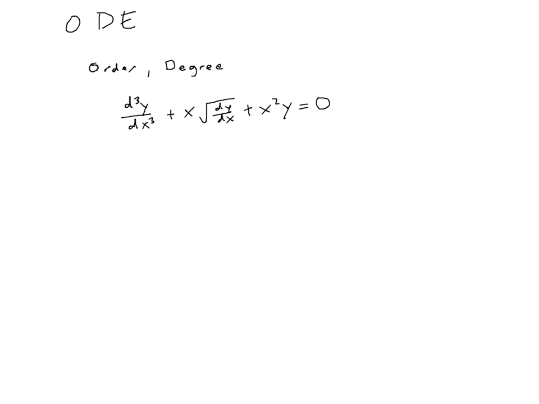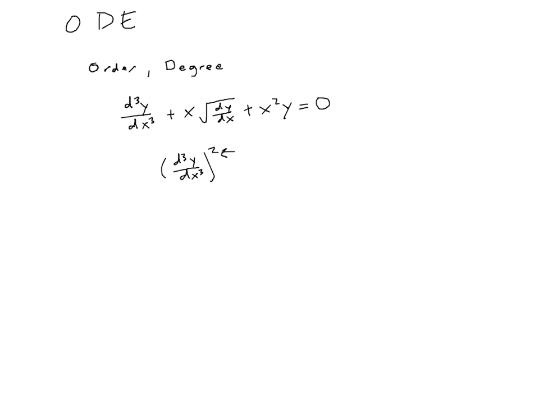Okay? What happens with this equation is, in order to get the order and degree, first you have to rationalize the equation, which means you can't have a term with a radical. We're not going to do it, but if you square the equation and rationalize it somehow, then the highest order term is going to be this third derivative term, but it's going to be squared.